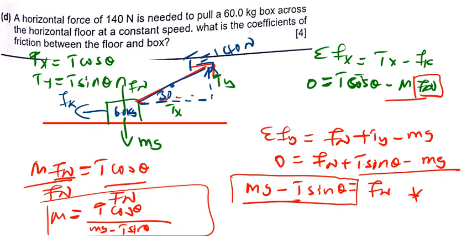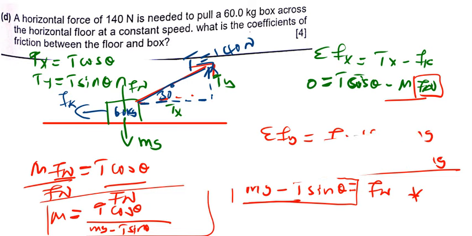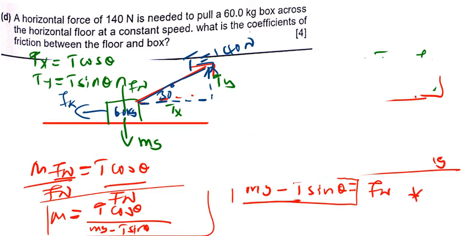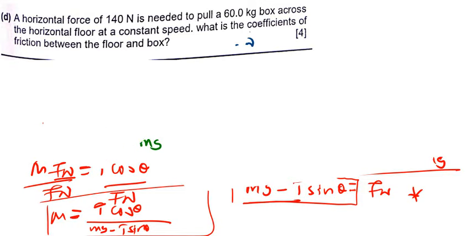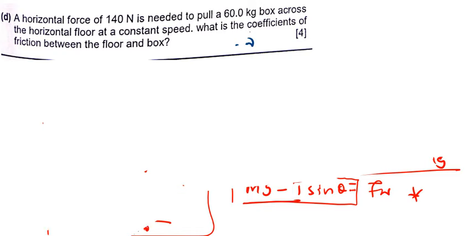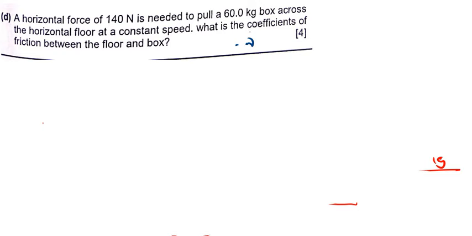Another issue. What if this thing is being pushed and not pulled? It's going to be different now. I want you to see. When we're talking about pushing, the formula for the mu value is going to be different.